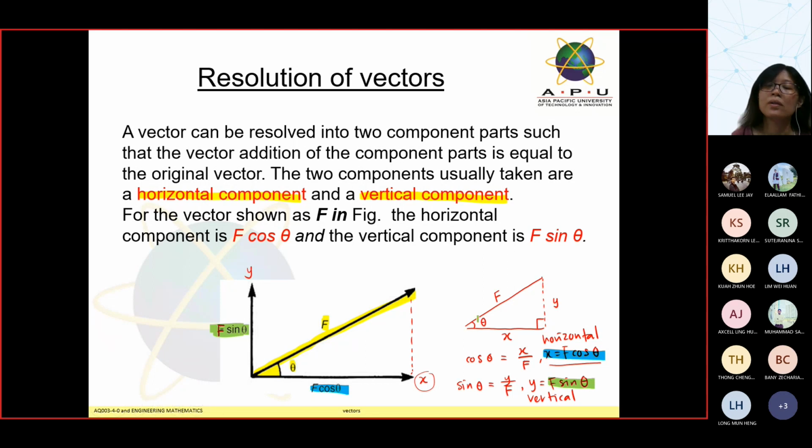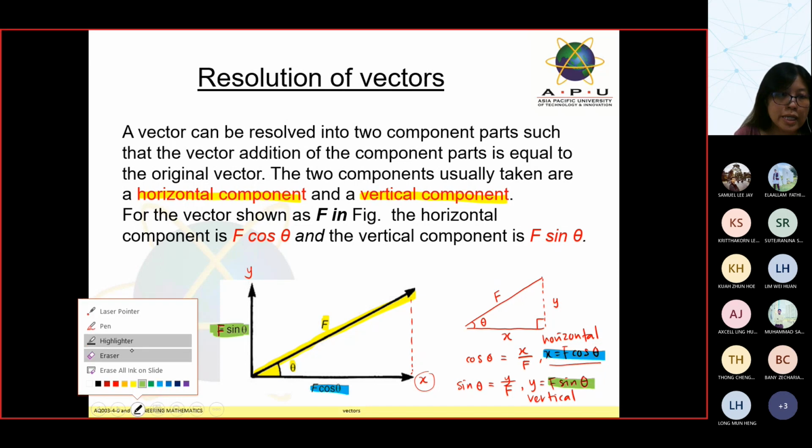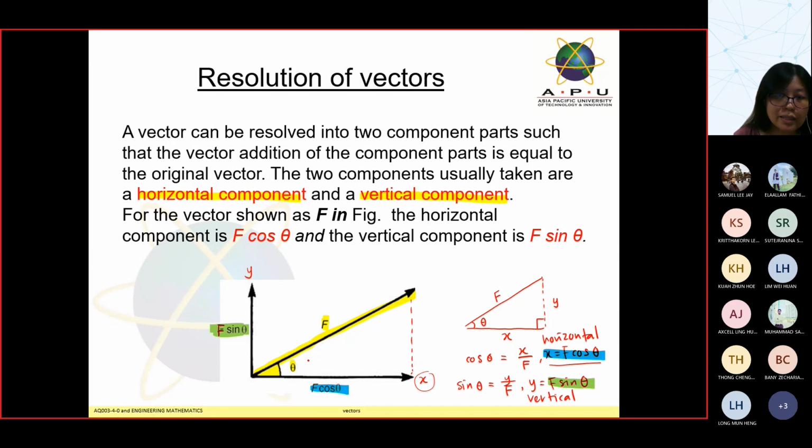When we come to the following slides, if we are able to identify the theta, the angle of the vector towards the horizontal, can you see the theta here is towards a horizontal line?